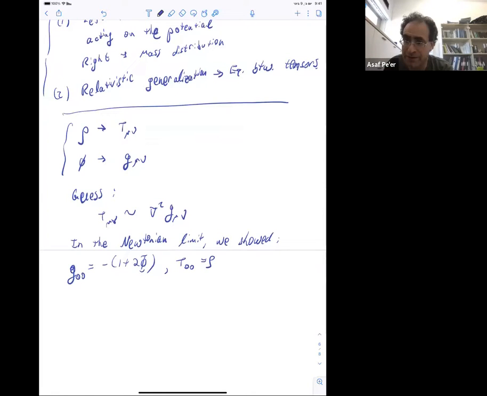We derived that. We showed you what we call the weak field approximation.